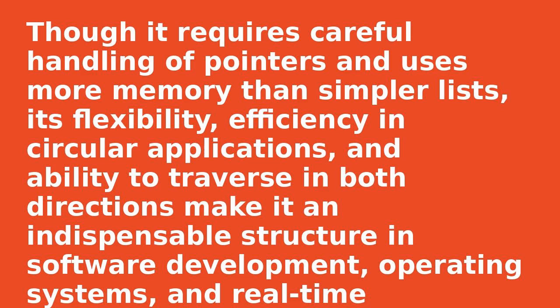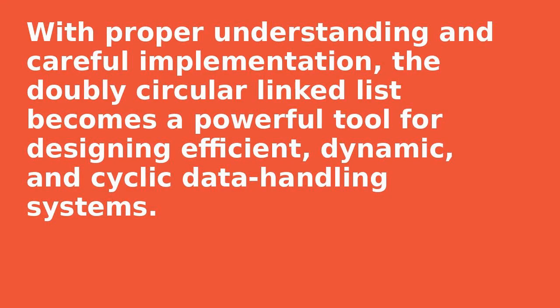Its flexibility, efficiency in circular applications, and ability to traverse in both directions make it an indispensable structure in software development, operating systems, and real-time applications. With proper understanding and careful implementation, the doubly circular linked list becomes a powerful tool for designing efficient, dynamic, and cyclic data handling systems.